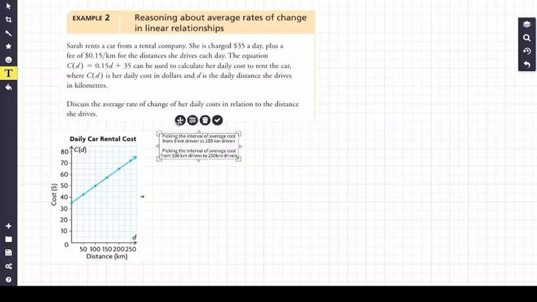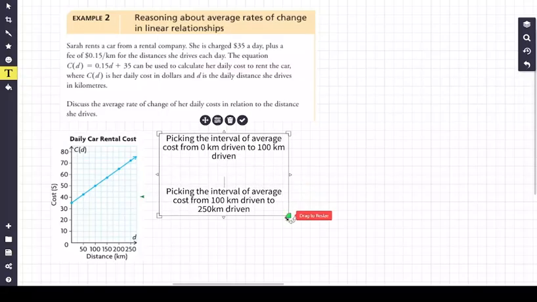All right, let's look at 0 to 100 first, because that's what's ahead. Let's use the average rate of change formula that we derived a few minutes ago. We'll have C(100) minus C(0), over 100 minus 0. Let's write that down.